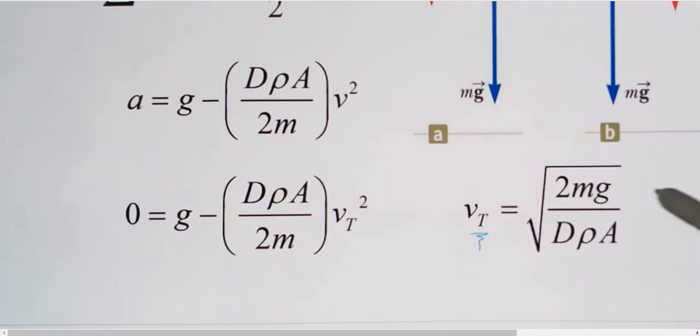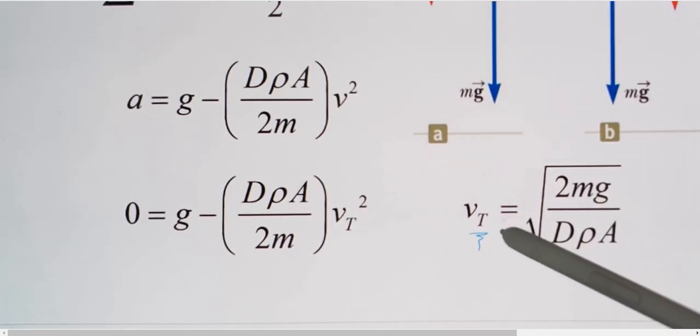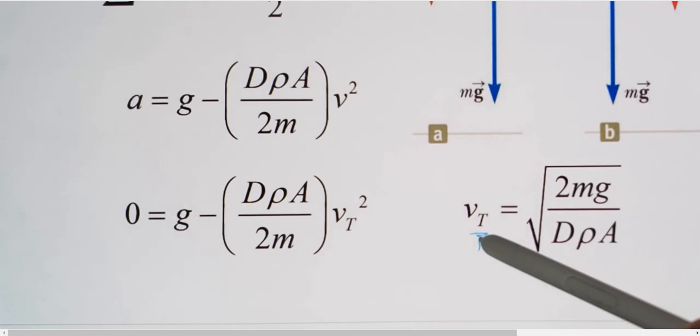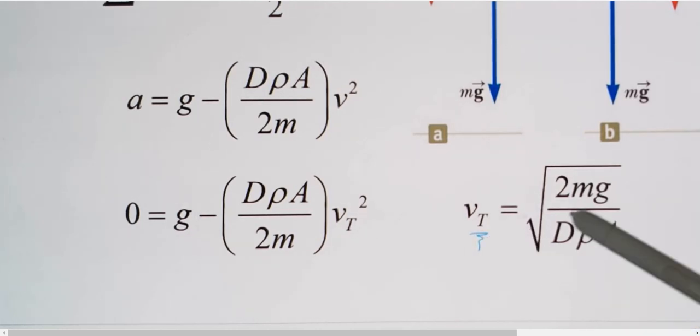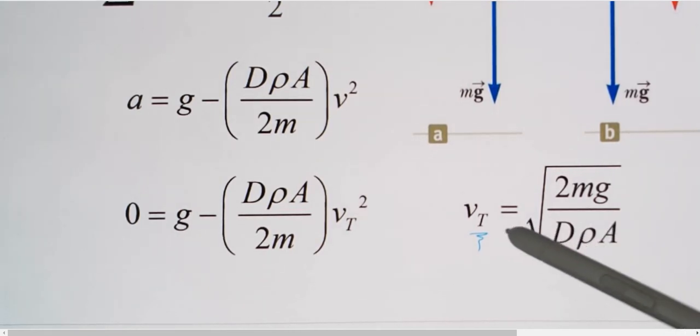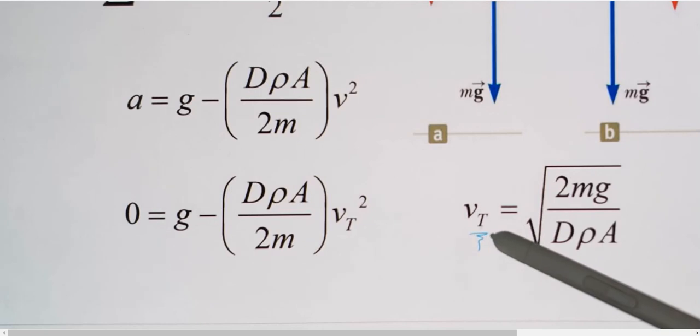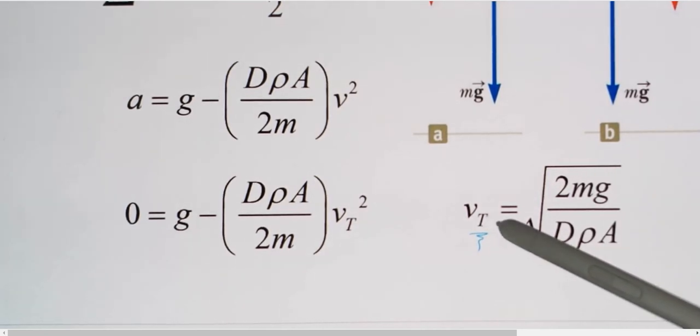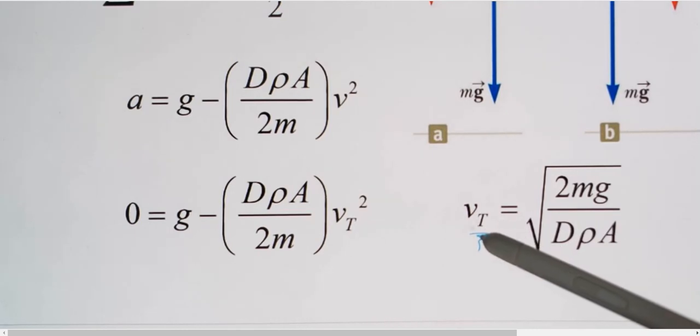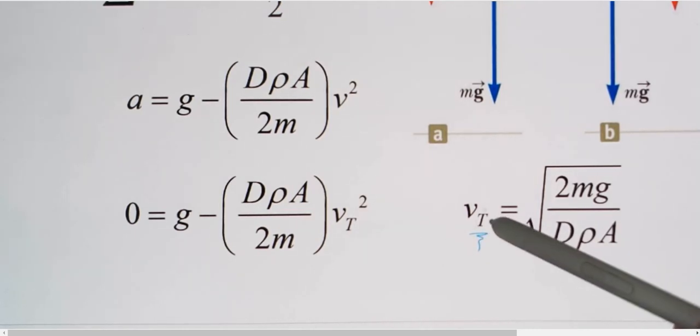Also, if the mass is very large, you need much more distance to reach your terminal velocity. So this equation does not talk about the time it will take to reach terminal velocity.